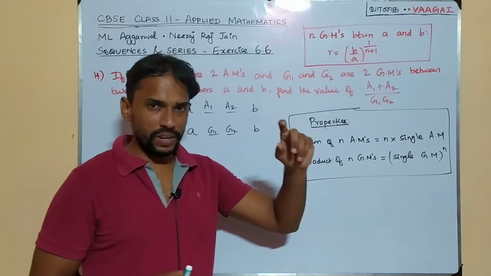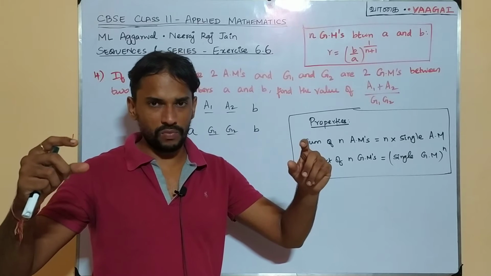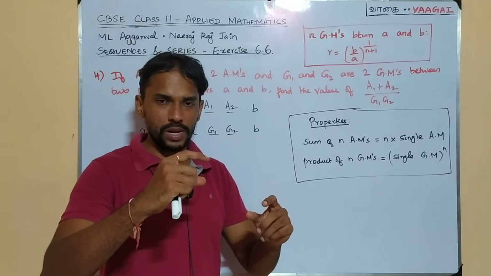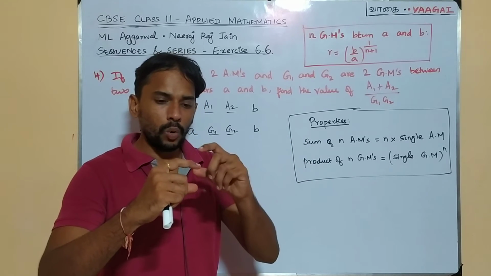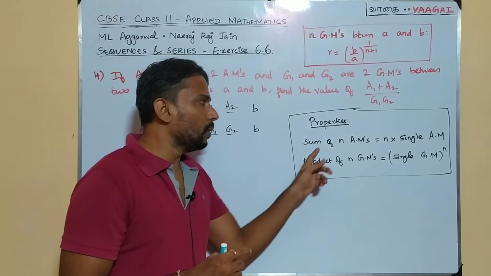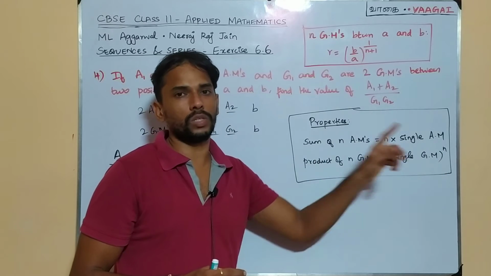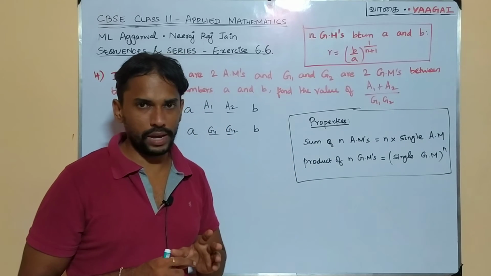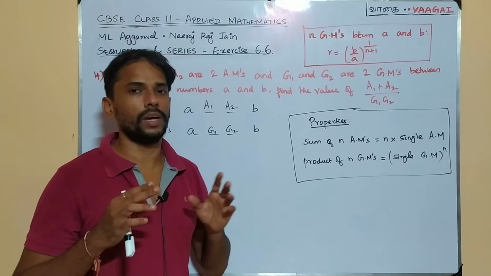That is, between the same two values a and b, if you find one single arithmetic mean and multiply it with n, that value will be equal to the sum. This is what property 1 says.